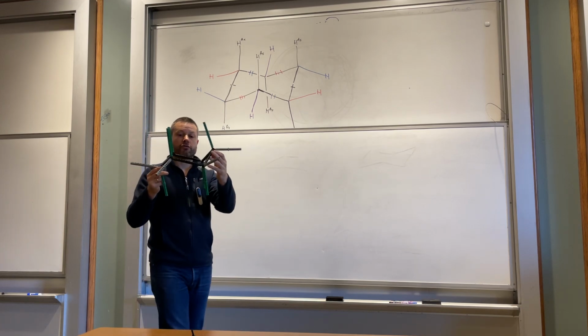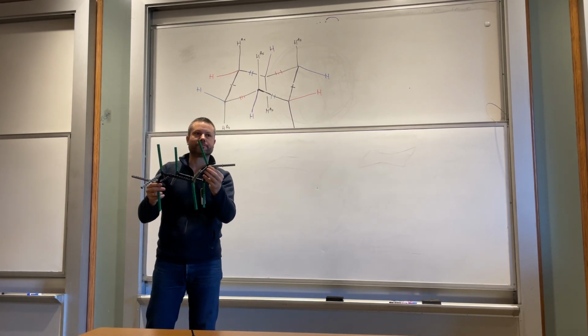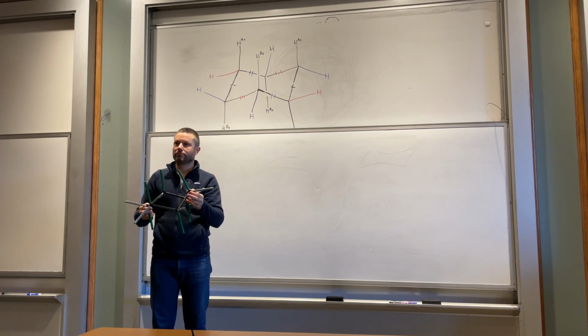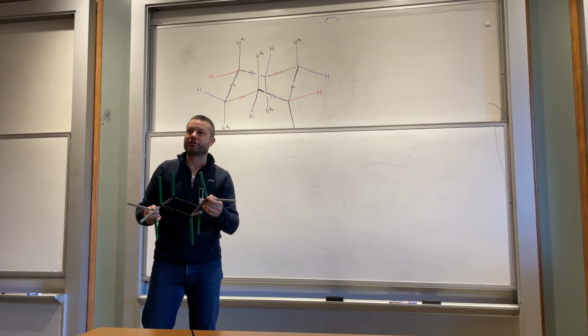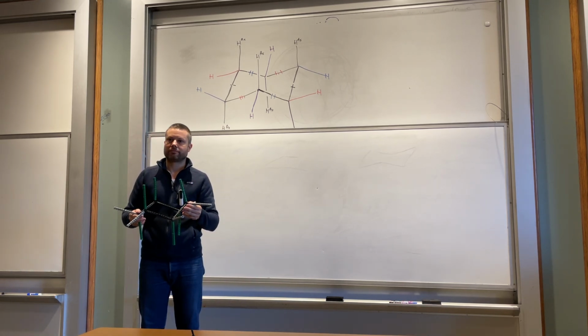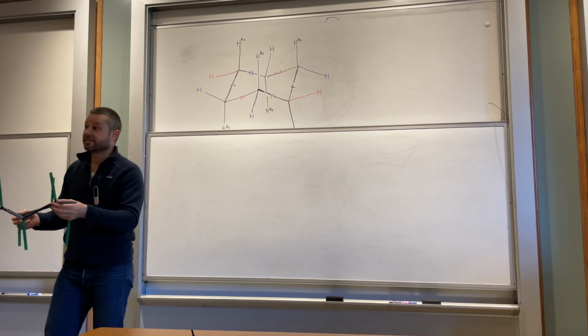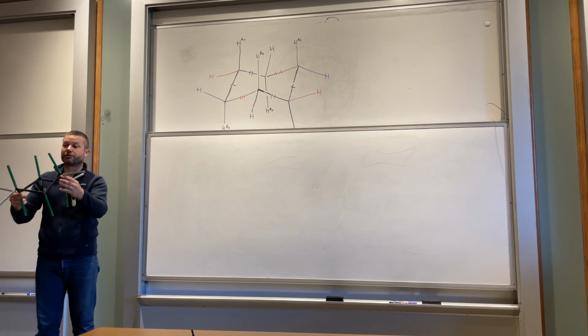To go from the chair on that energy diagram, what's the next conformer? Half chair. And in terms of energy, where is that on the energy diagram? High in energy. So we're going from something really comfortable to something really high in energy.